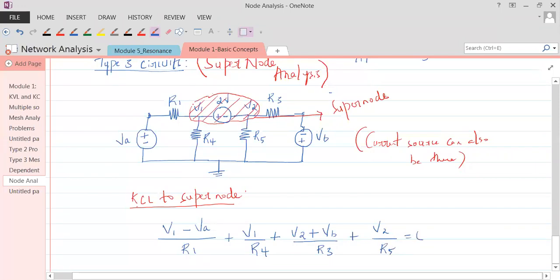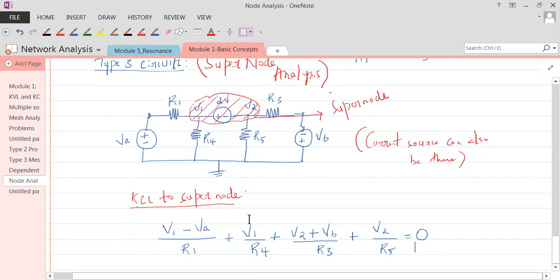So there are four branches, four currents, all the four currents are leaving. Now there is just one KCL. If it's not a super node problem, we would have applied KCL separately to the first node and second node, and we would have two KCLs. But since it is a super node problem, the two nodes are combined into one super node, and that's how we have got one equation there.